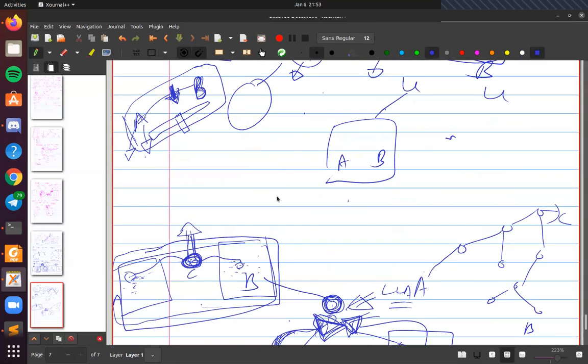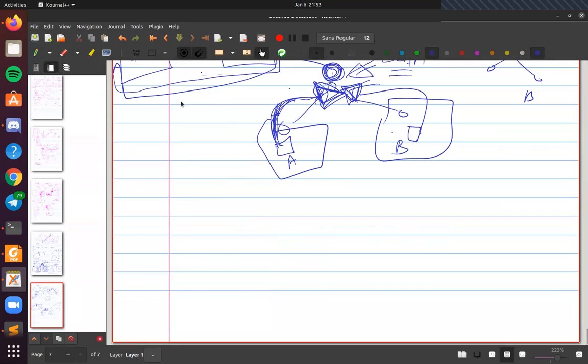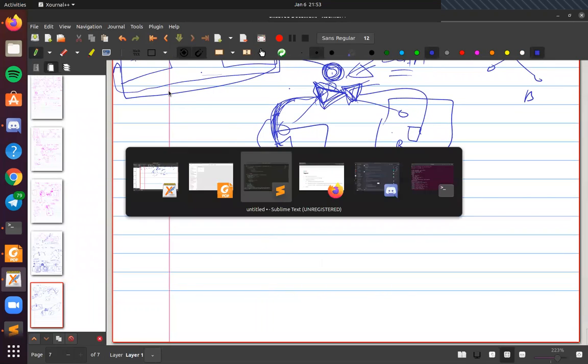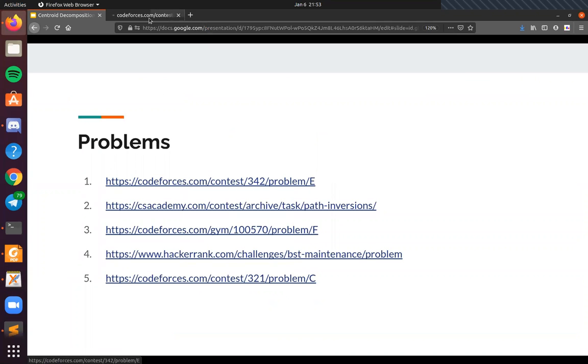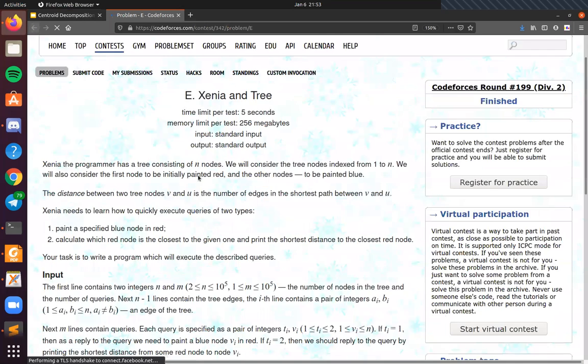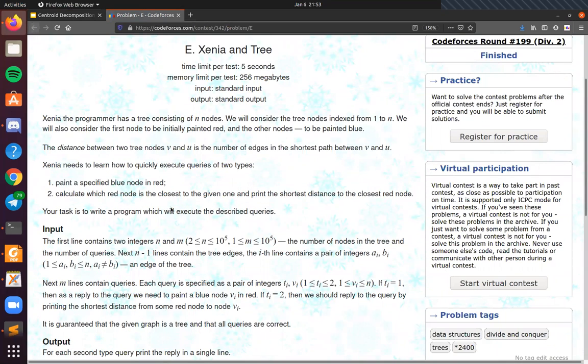So with this property, we will now be doing questions. So read this problem. Xenia, the programmer, has a tree consisting of n nodes.